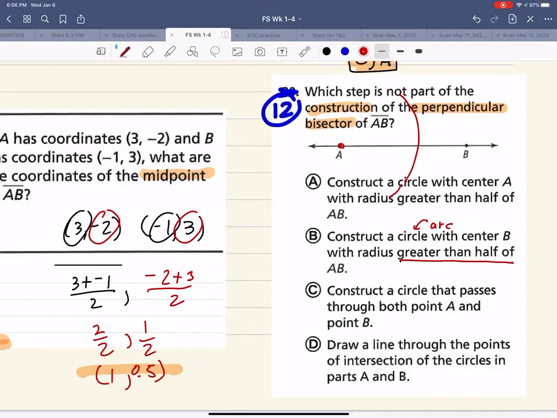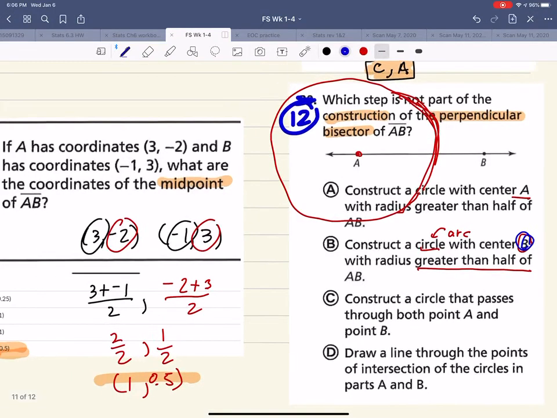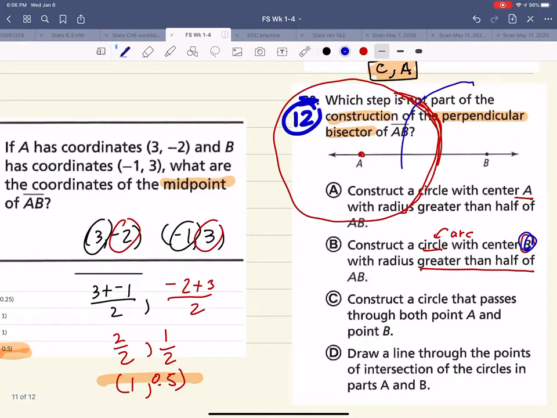Technically you could do a whole circle, but you only really need this arc part. So I'm okay with the fact that it says circle. I could do it from A, and I could do it from B. It could be an arc or a circle. That's fine too. You could finish out your circle.